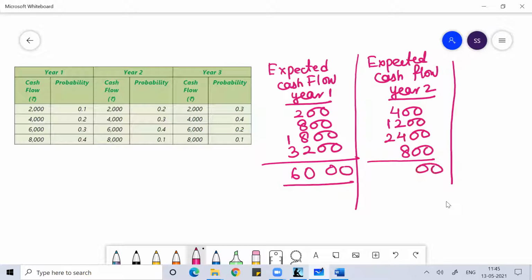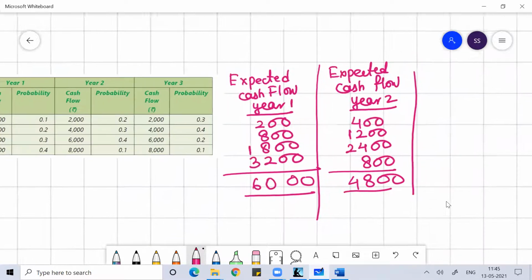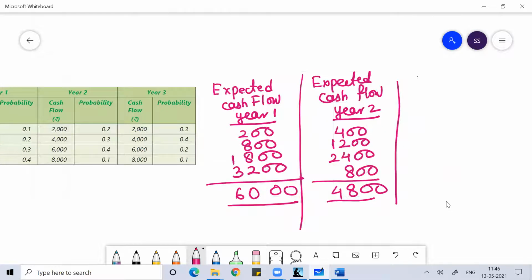So the expected cash flow for year 2 is 4800. Let me know if there's any calculation mistake, guys. You can use a calculator, but I really suggest don't use a calculator. But if you're not very confident, you can use one, because in the exam a normal calculator is allowed.